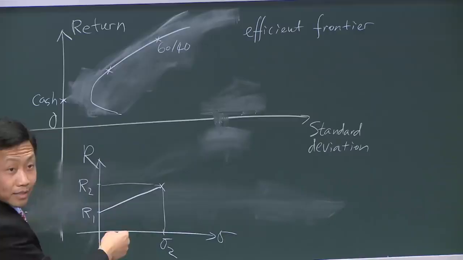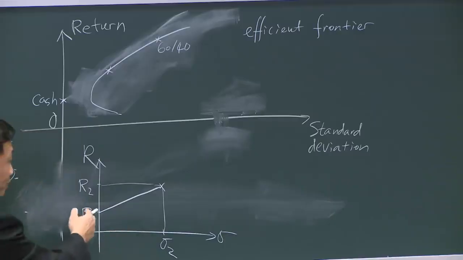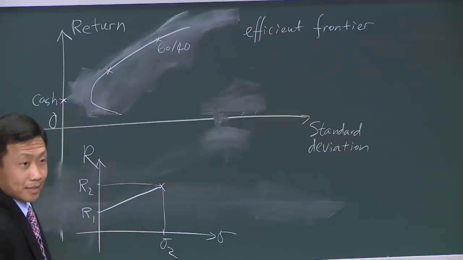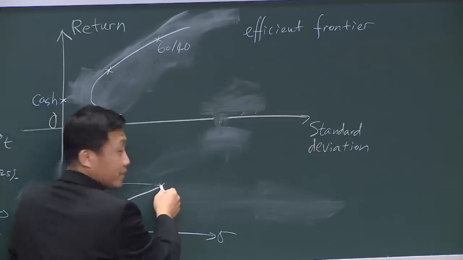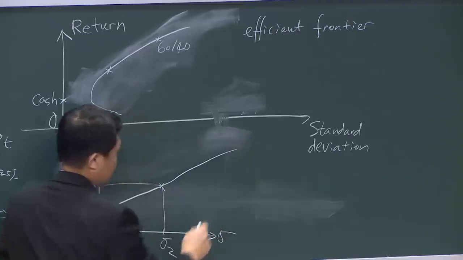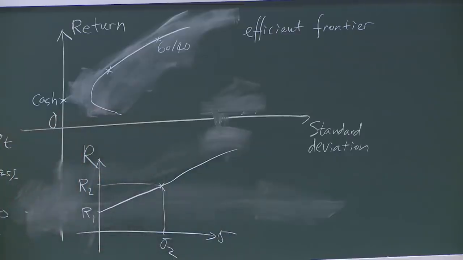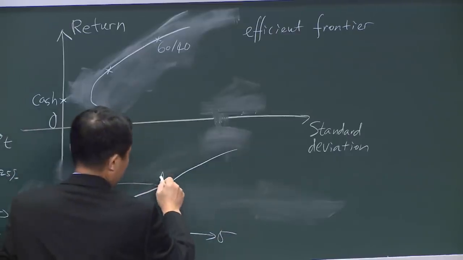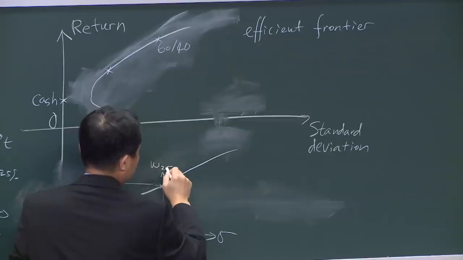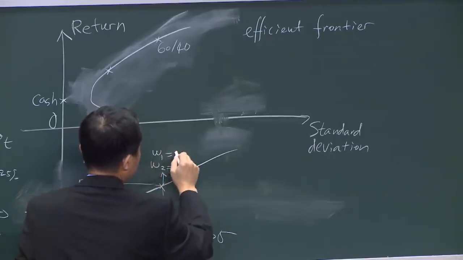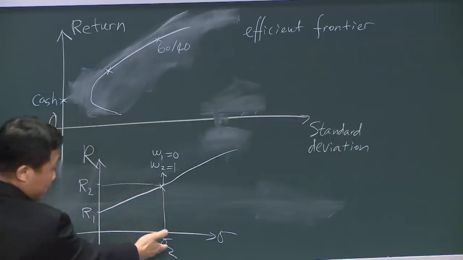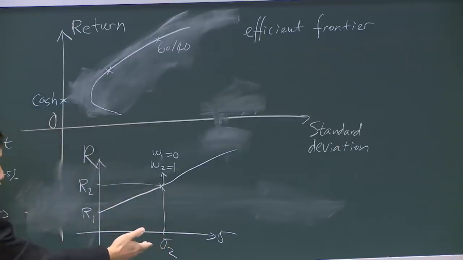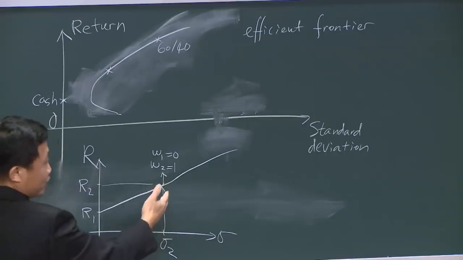That's your asset allocation, different combination. Did it occur to you, why can't we go beyond this point? So this point is when we weight W2 equal to 1, W1 equal to 0, right? That's when you weight everything into the asset 2. But what if you go beyond that?